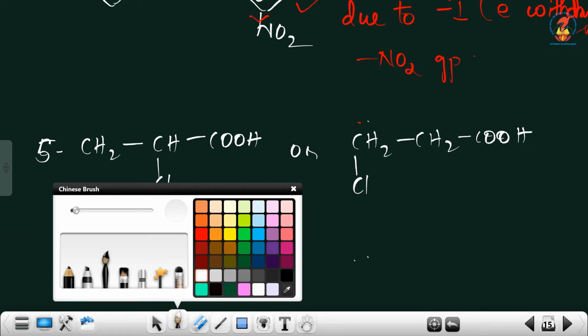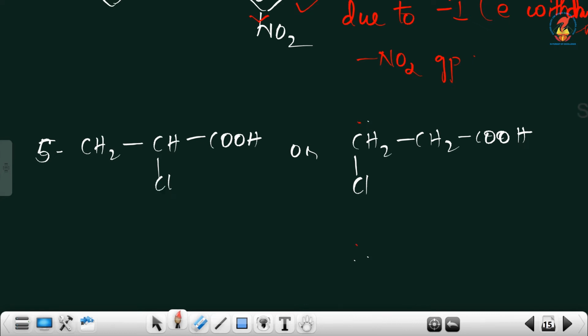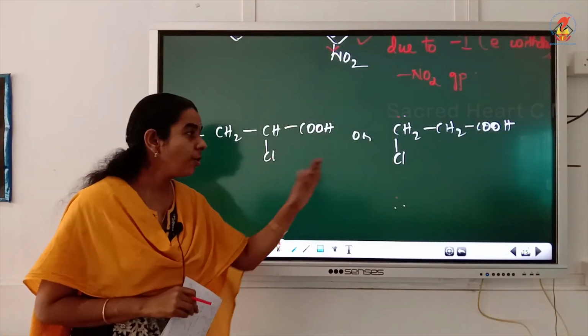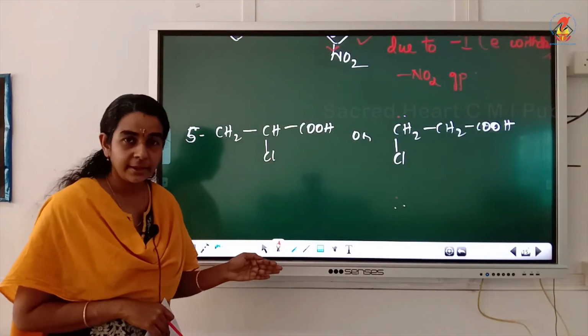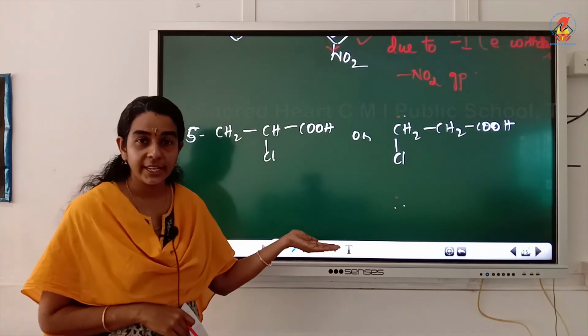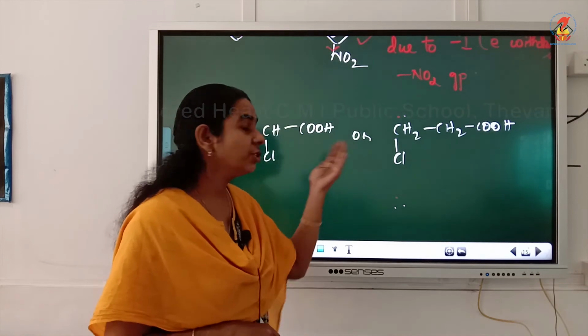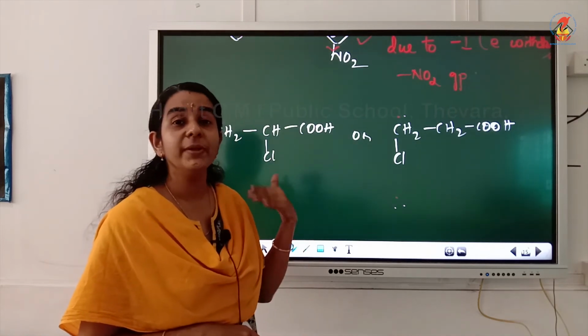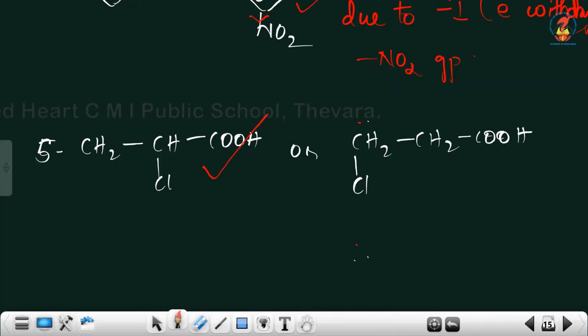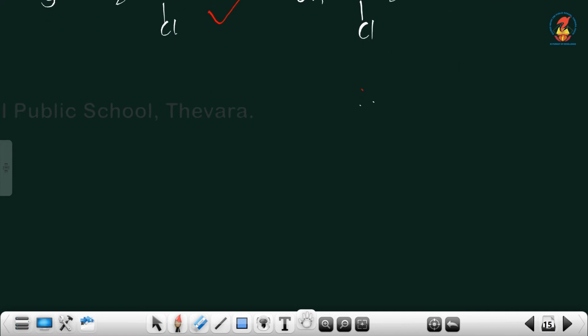The halogen atoms are the same in both compounds, and if a halogen atom is present, acidity will increase, but if it is close to COOH, acidity will be very high. So the answer is 2-chloropropanoic acid.